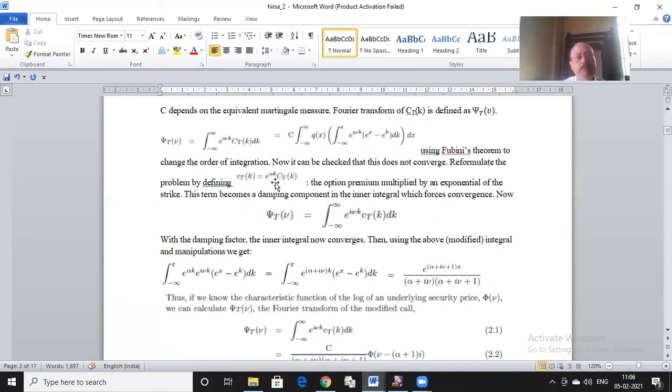This k is the log of the strike, but alpha I have to choose. This term becomes a damping component in the inner integral. So if I now have small c here instead of capital C, with this damping component, we can check that this integral will now converge. If you quickly check that, that would be good: with a positive alpha, the integral will now converge.